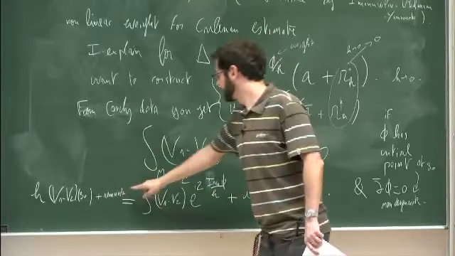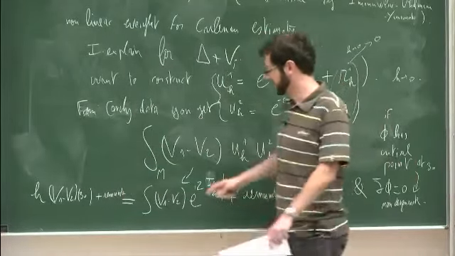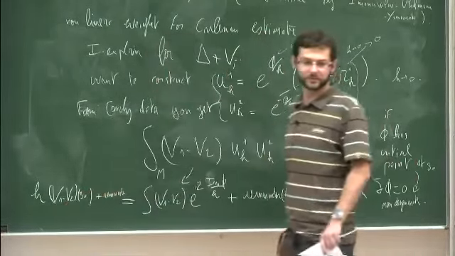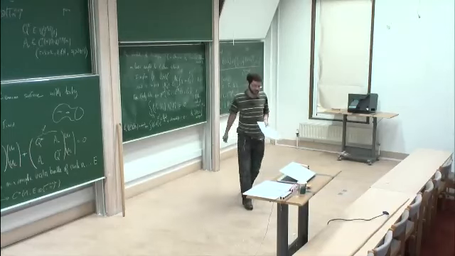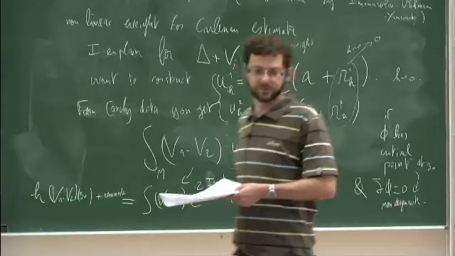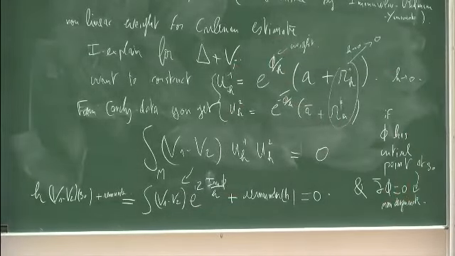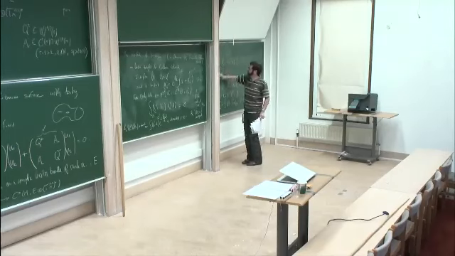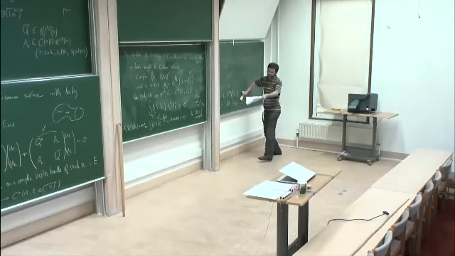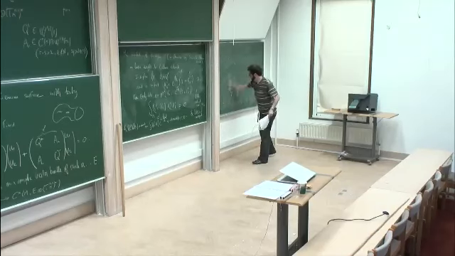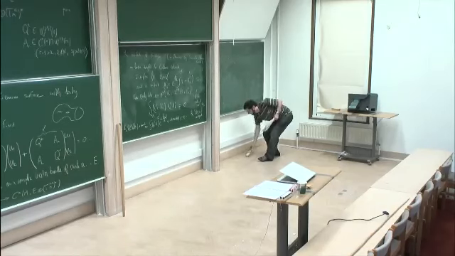So if the remainder is small enough, you get that 0 is equal to this and you're done. In the paper of Bukhgeim, the phase which was used, for the disk or for a domain in C, was (z minus z0) squared, which is of course the simplest one you can think of satisfying these conditions.